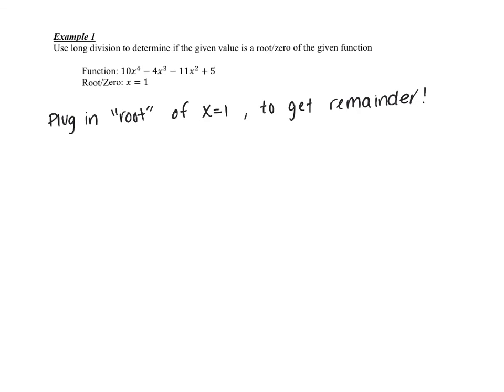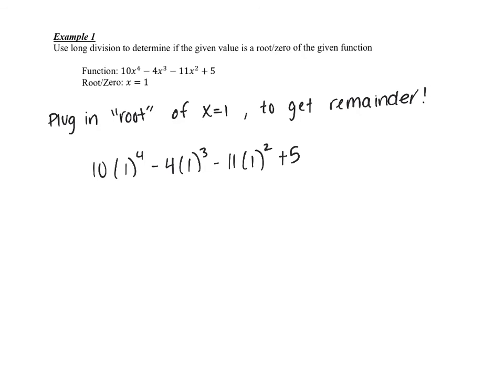Right? So we're taking 10 times 1 to the 4th minus 4 times 1 to the 3rd minus 11 times 1 squared plus 5. So take a minute, pause the video, type that into the calculator, and hit resume when you're ready for the answer.